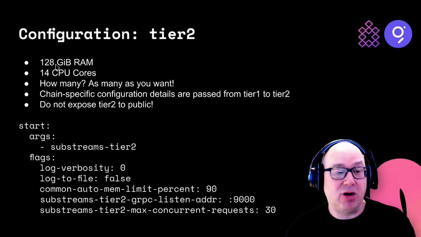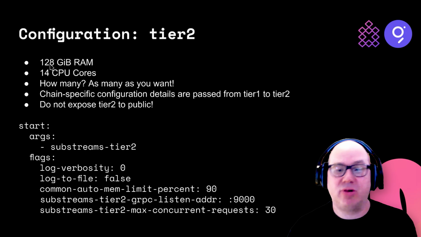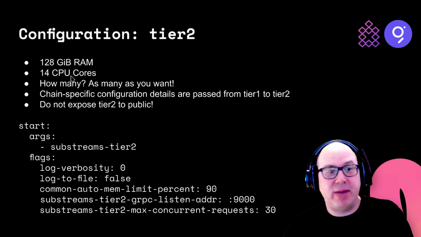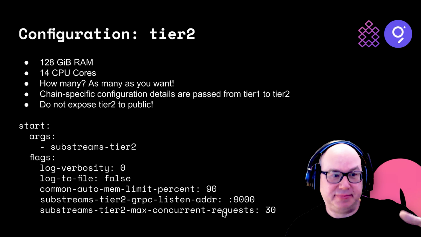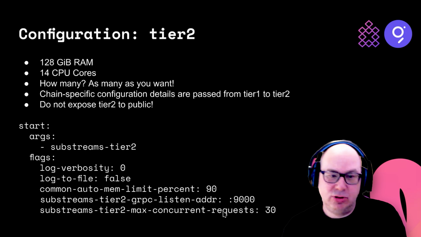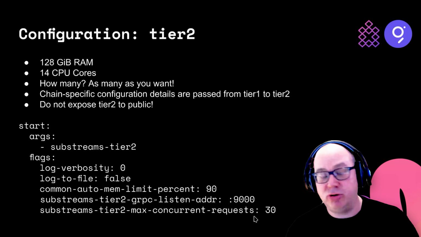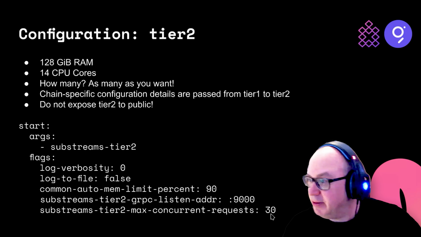So maybe you don't have a machine with 128 gigs of RAM. So I only have one with 64. Well, maybe I'll only send it 12 jobs. Or maybe I have one with lots of CPU cores, right? So this way you can size the RAM, CPU, and the number of parallel requests. So each tier 2 node you can run on different hardware with a different number of concurrent requests it can handle.